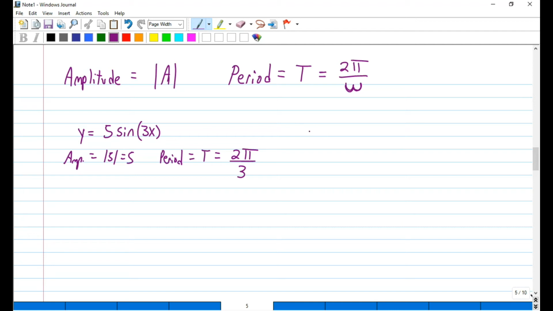All right. Let's look at another one. Let's find the amplitude and period if we have y equals negative 2/3 cosine of 1/4 x. All right, so first the amplitude. So what's the amplitude? 2/3.